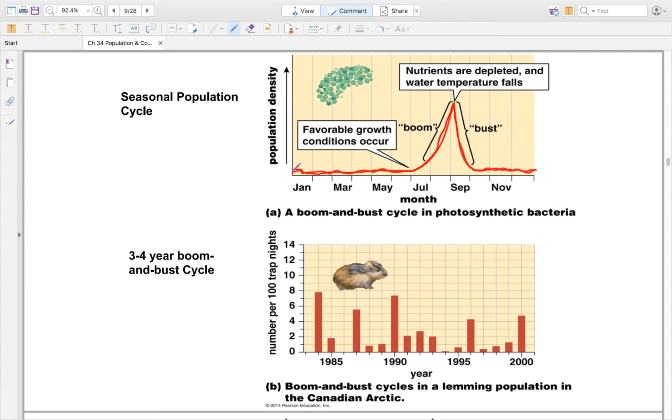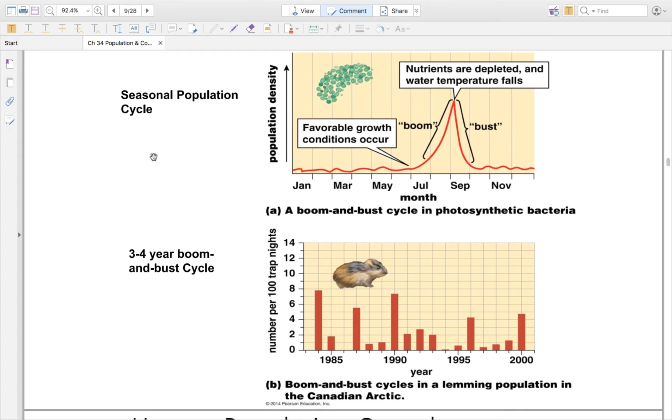And they repeat the same thing the next year. Stay low, June, July comes around, they boom, and then right afterwards they bust, and it goes on and on and on.